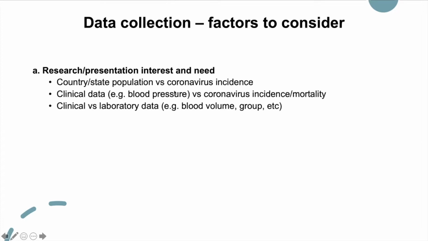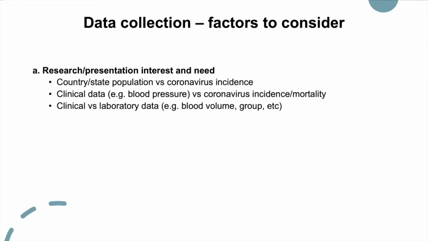All right, it could be for a research purpose that you want to compare countries. You want to look at incidence of coronavirus. I'm making reference to coronavirus because we are in the coronavirus time. It could be that you want to see clinical data and correlate that with the incidence of coronavirus. You want to see, for example, whether people who have high blood pressure also have higher coronavirus incidence.